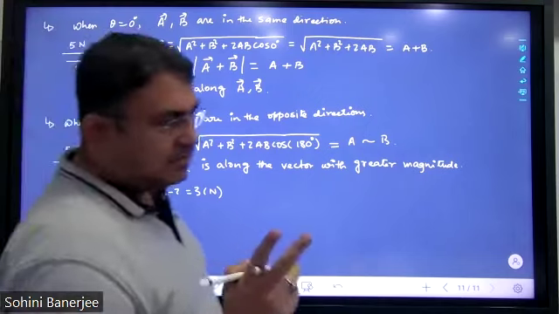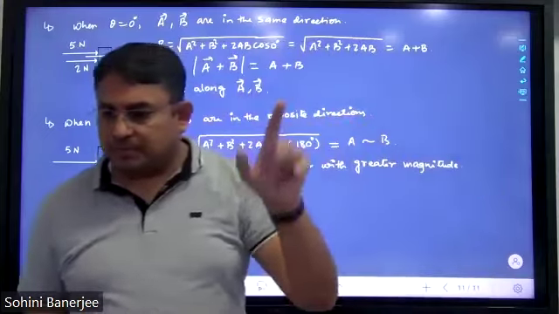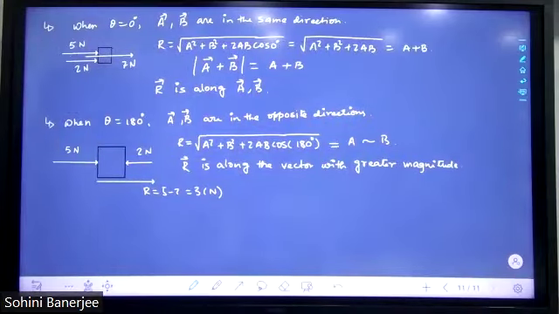So when two vectors are opposite, the resultant is A minus B and the direction is along the vector with greater magnitude. Clear?